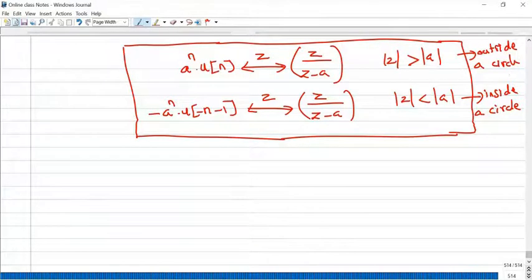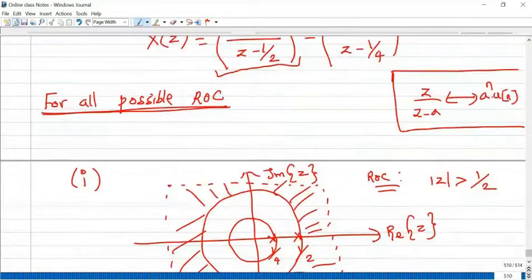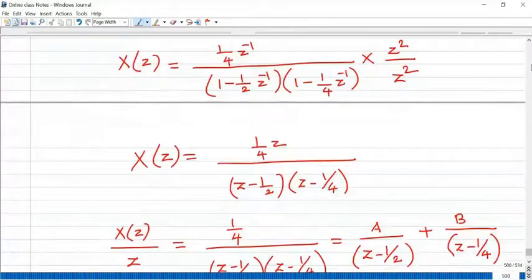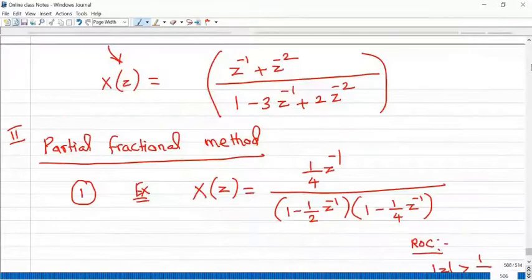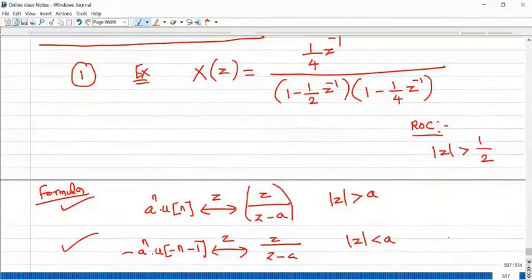So any doubt in the partial fraction method? Always keep one Z, X of Z by Z, while doing the partial fraction, so that finally we will multiply that Z on the right side, so that we get Z divided by Z minus a format.